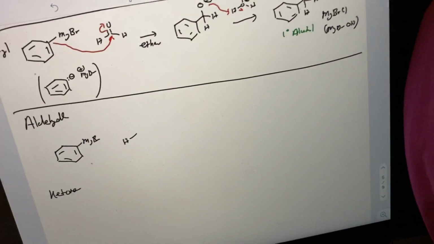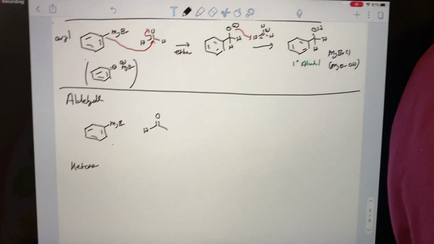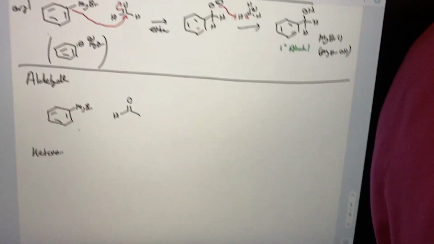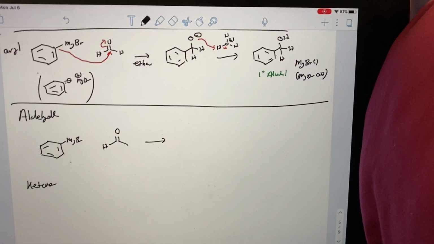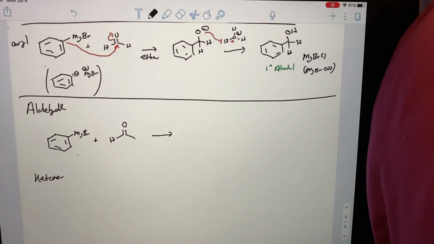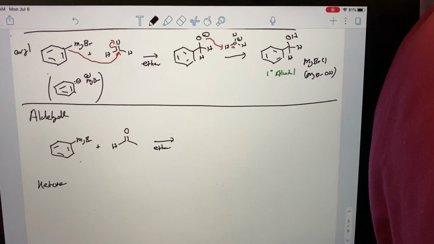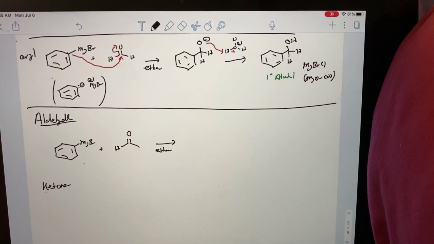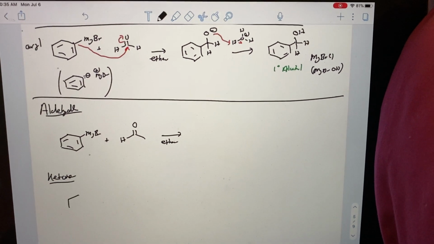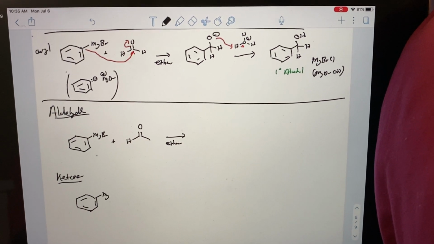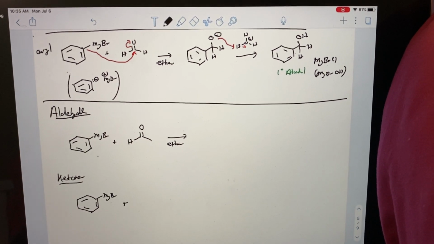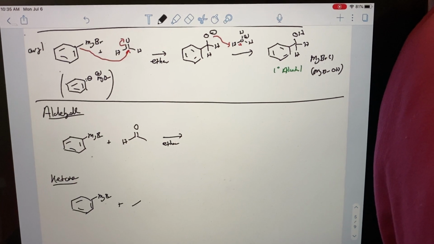Let's react this now with this aldehyde in the presence of ether. So I'll put the plus there. Aldehyde, ketone, let's use the same one. By one, I mean the Grignard reagent. How about just acetone?